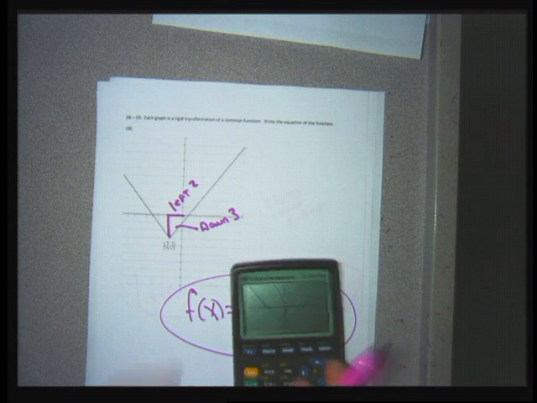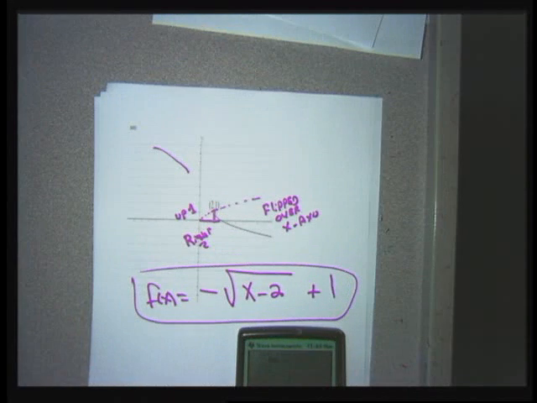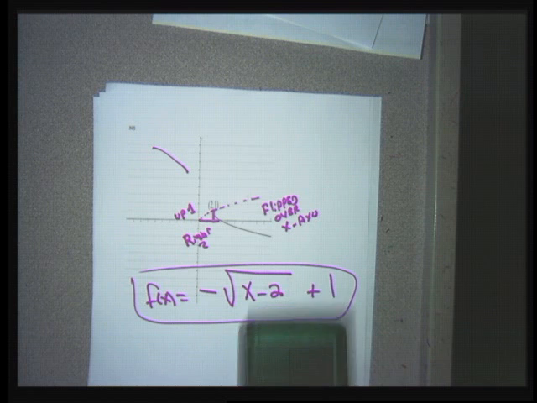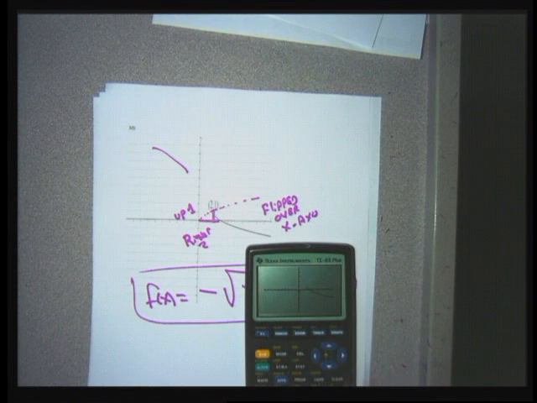I don't know if you saw that last one, so let me make sure you actually saw it. Y equals negative square root of x minus 2 plus 1, and that graph, good. Can barely see it, but it's there.